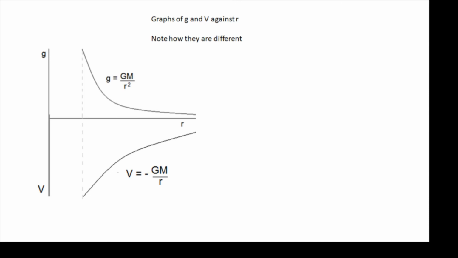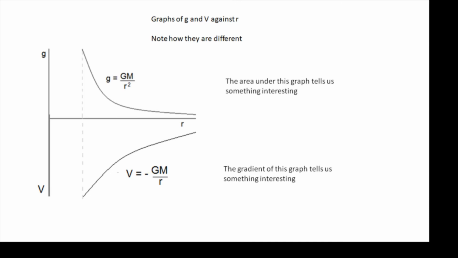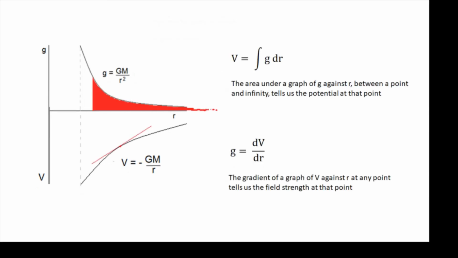Now, some interesting things again about this graph which you need to know. The area under the g graph tells us something interesting, and the slope, the gradient of the V graph, tells us something interesting. The area under the graph of g against r between a point and infinity tells us the potential at that point.